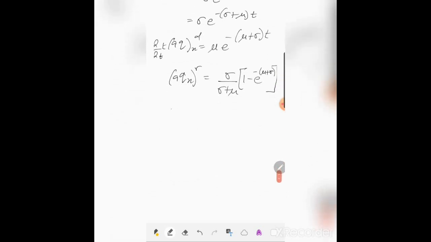Similarly, I get aqxd as nu over sigma plus nu, then 1 minus e to the power of minus (nu plus sigma).